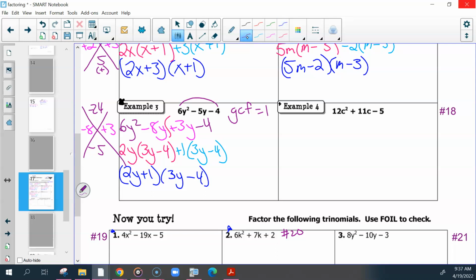What is the GCF? 1. And then we're looking for two numbers that multiply to be negative 60 and add to be 11.